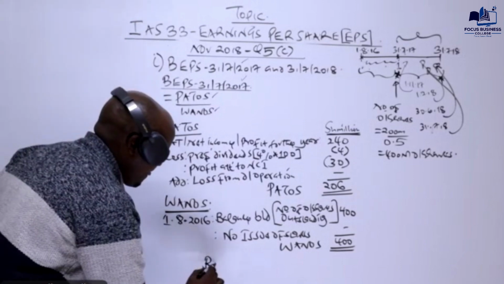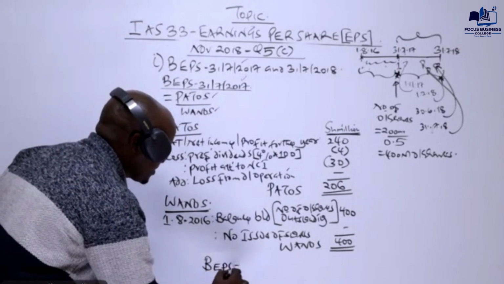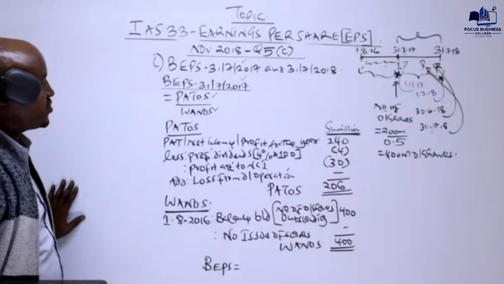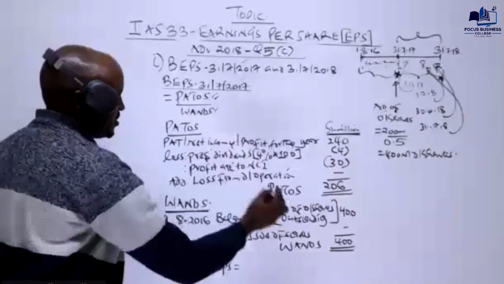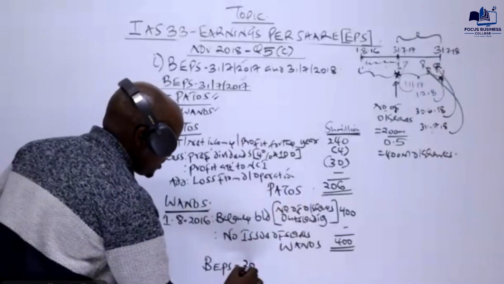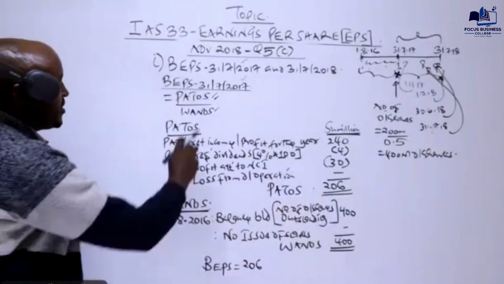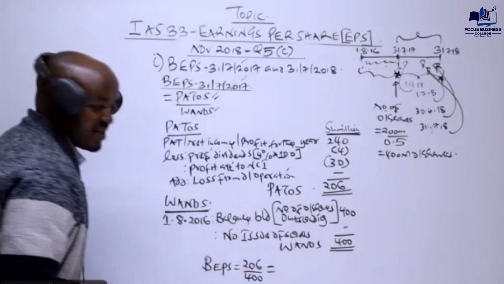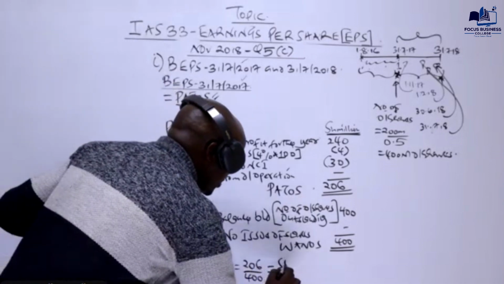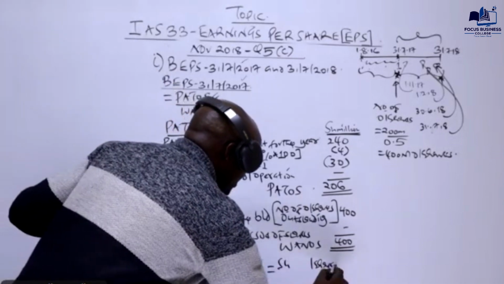If yes, we can compute the basic earnings per share. So we apply our formula here. We take the PATOS, which is this one, 206 million. We divide that with the one-offs, which is this one, 400. And the answer which we get here, we express it as shillings per share.